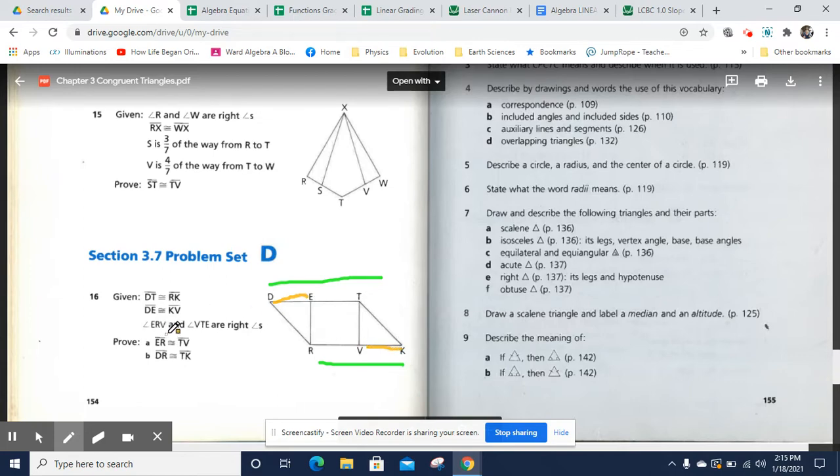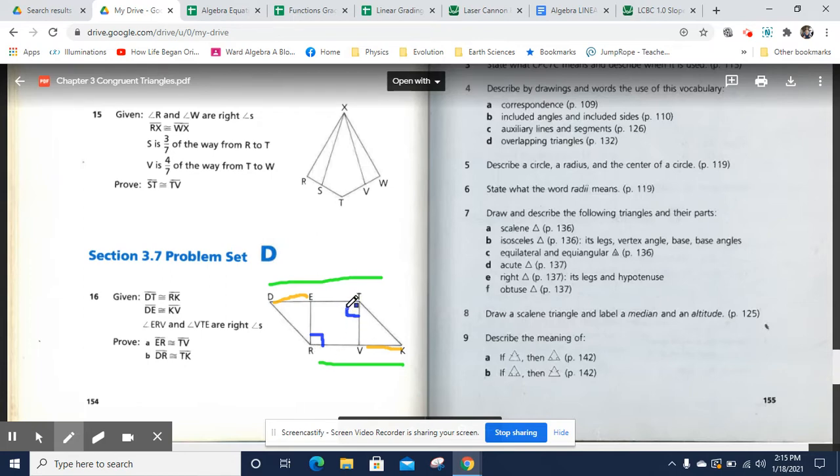And then we're told that ERV and VTE are right angles. ERV, so that's a right angle right there. And we also know that VTE is a right angle too.